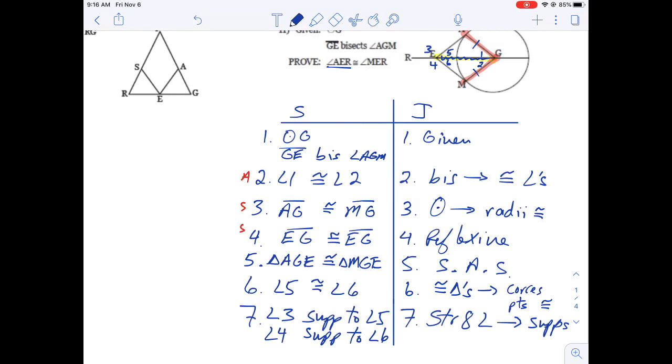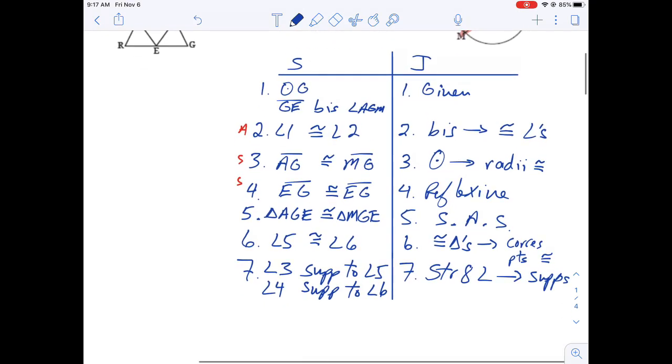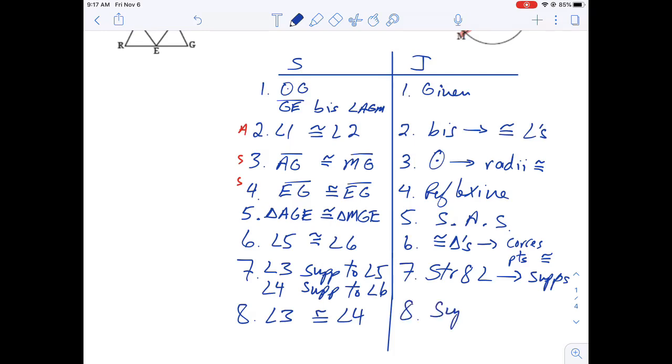And then finally, we can now say, because 3 and 4 are supplements to 5 and 6, they're supplements of congruent angles, therefore 3 and 4 are congruent, and we're done. So angle 3 congruent to angle 4 because they are supplements of congruent angles, and that implies that they're congruent to each other.